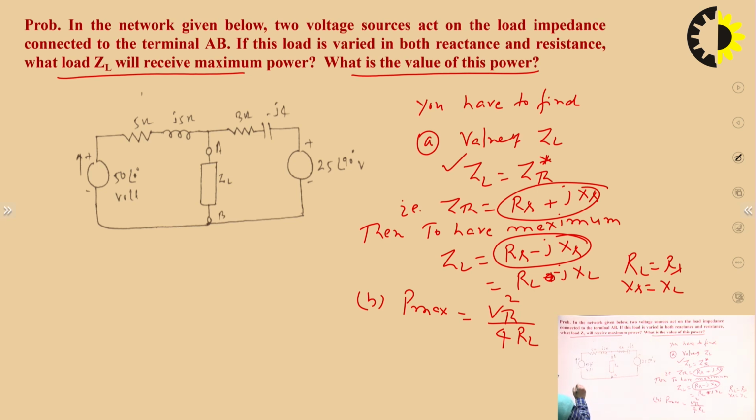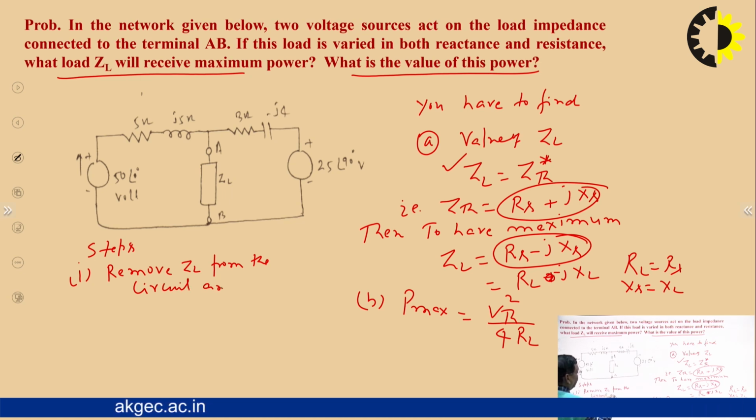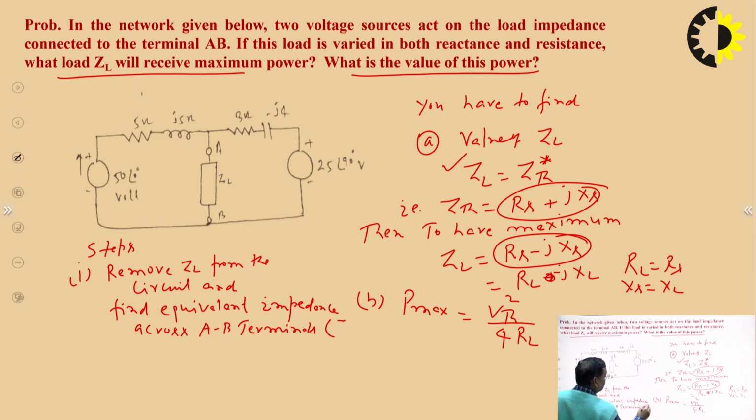So, what are the steps? First, remove ZL from the circuit and find the equivalent impedance across AB terminals, which is called ZTH.